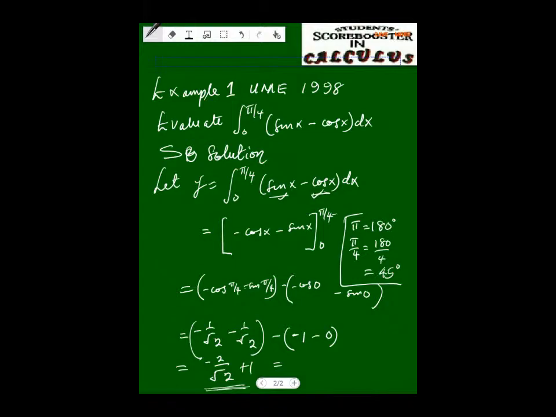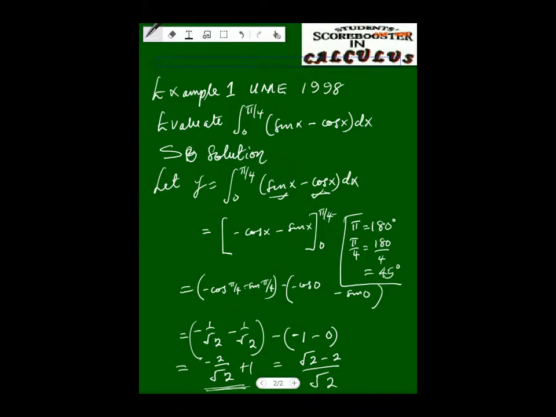So we are going to see what we are going to do to rationalize this. If you find the LCM, you can still put this question in this form, minus 2 over root 2. So find the LCM and just add and subtract and interchange things. This is not going to be a big problem.